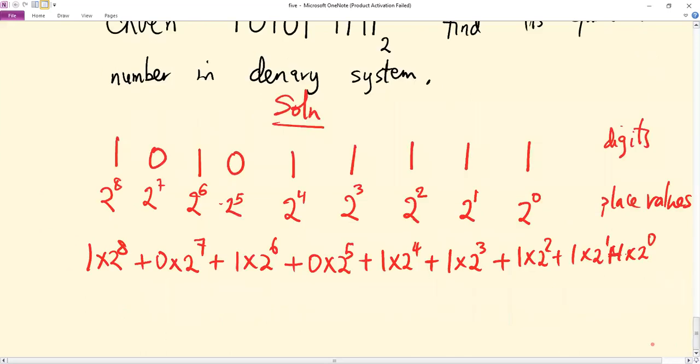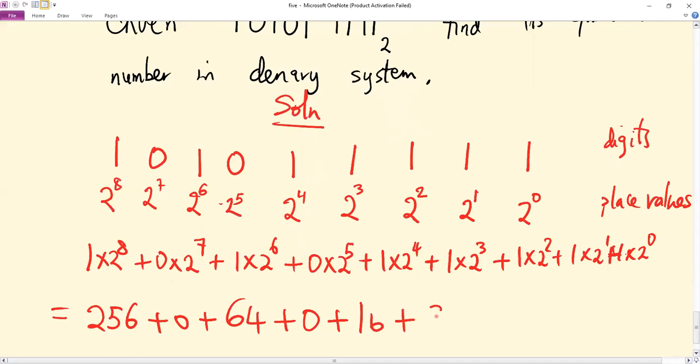And then 2 power 8 times 1, you get 256, plus 0 plus 2 power 6 times 1, you get 64, plus 0 plus 2 power 4 times 1, you get 16, plus 8 plus 4 plus 2 plus 1.